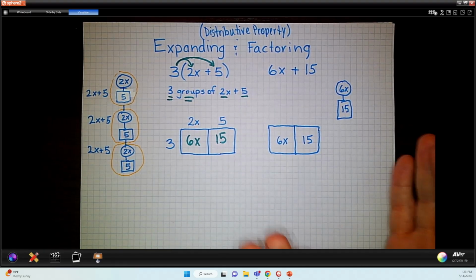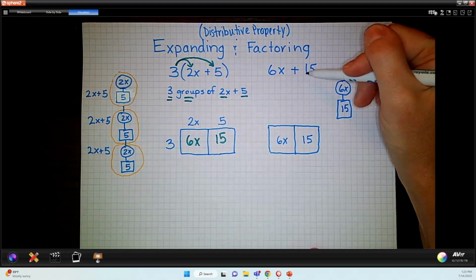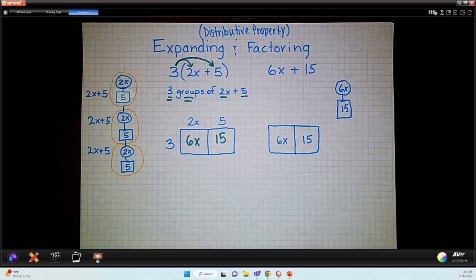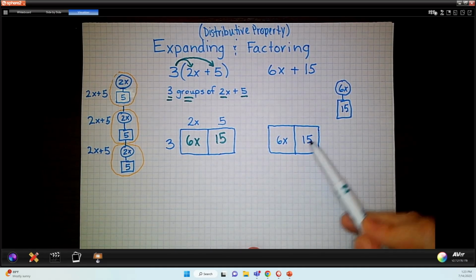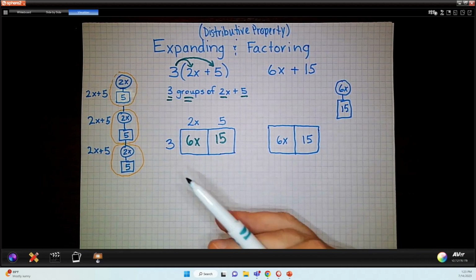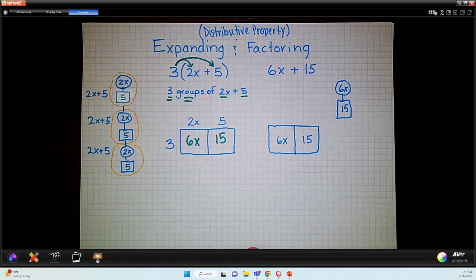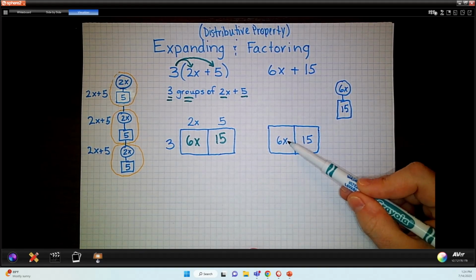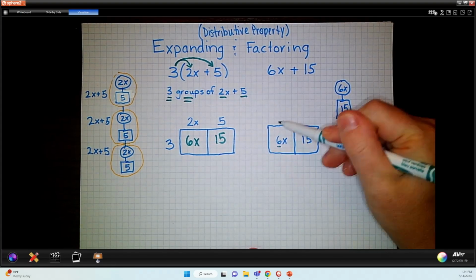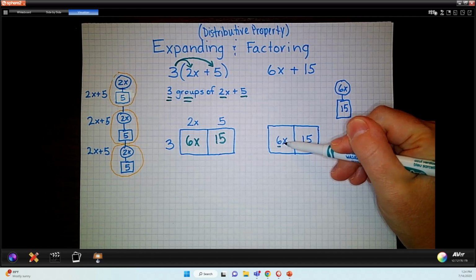Now, going backwards, starting with 6x plus 15 and trying to break it apart can be a little challenging. So what we sometimes do is use these diagrams that the students have actually used in elementary school when they learned how to multiply. And we ask the students to think of what number can we multiply 2 numbers by and get 6.